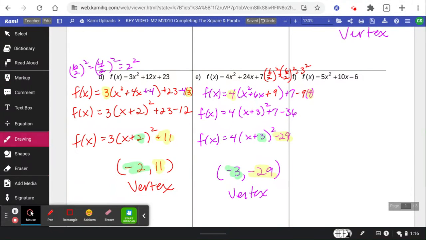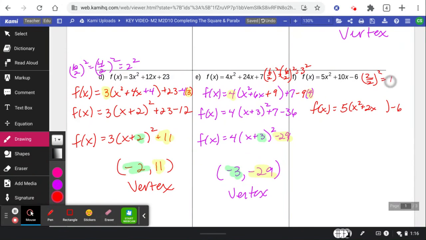Pause the video, try the last one. This time we're dividing out a 5. Step 1, divide and make space. Half of 2 is 1. 1 squared is just 1. So we're adding 1 and subtracting 1 5 times.